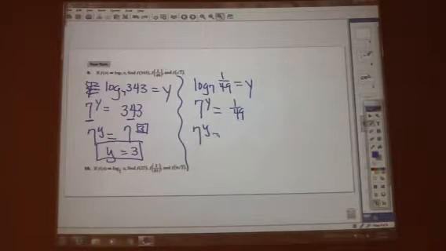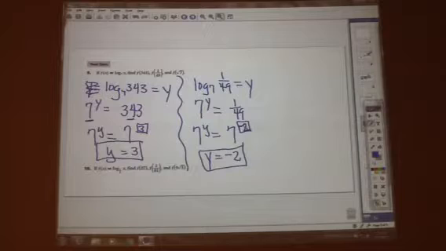Seven to the y equals 7 to the what? Negative 2. That is correct. So y equals negative 2. Does everybody see why that's negative 2? If it was to the 2, it would be 49, but it's negative, so that's 1 over 49. Very good. All right, the last one.